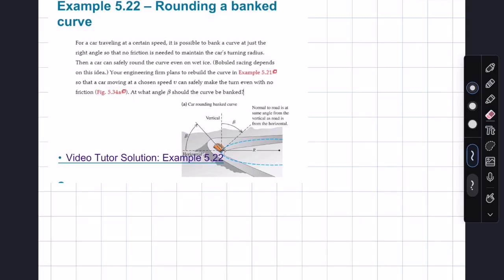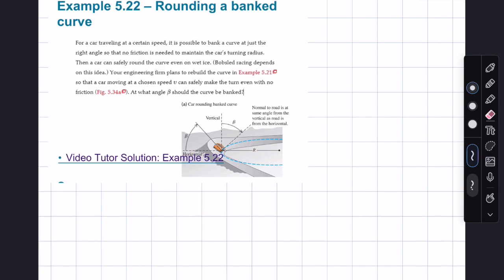Okay, so let's do this example. In this example, we have the car turning with uniform circular motion on a road. But now instead of considering friction between the tires and the road, and remember that friction created a force in the x direction, right?